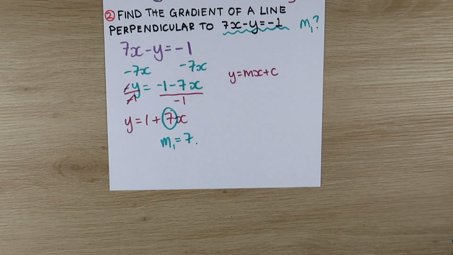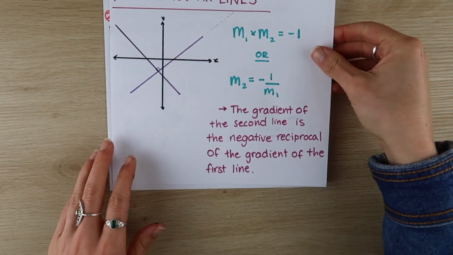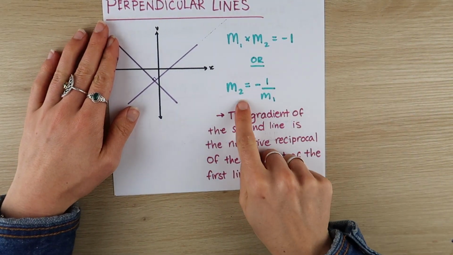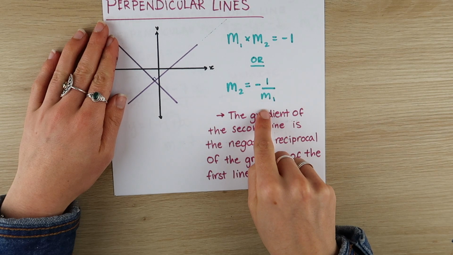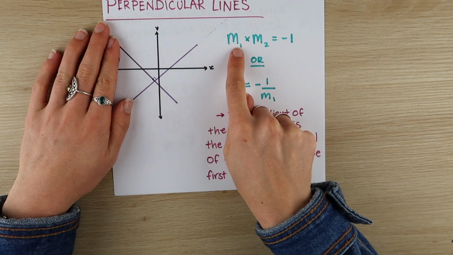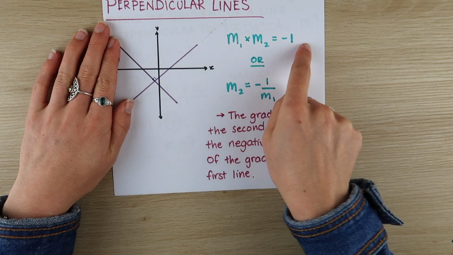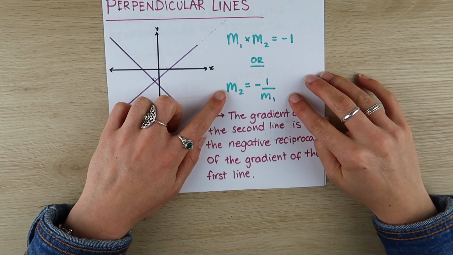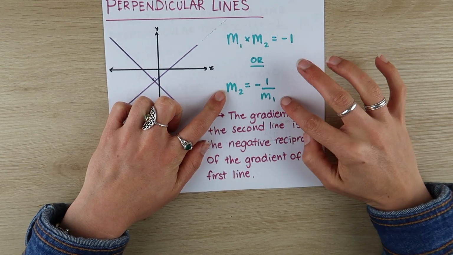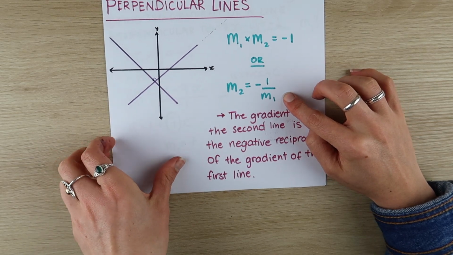Now let's have a look back at this formula. m2 is equal to -1 over m1, or m1 times m2 is equal to -1. Now, since this is the formula where it's already rearranged from here, I'm going to use this one.